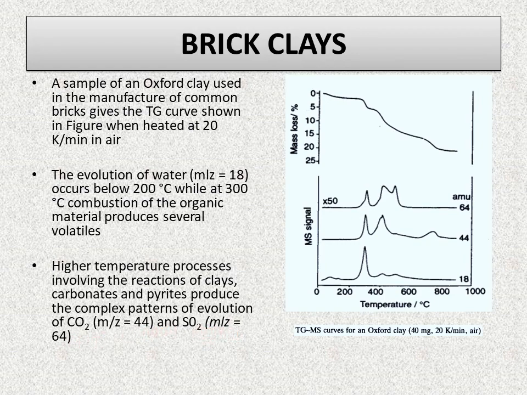So further, the gases evolved and the peak obtained with mass to charge ratio 44 indicated that it was carbon dioxide, and another peak with mass to charge ratio 64 showed that sulfur dioxide gas was also evolved through the process.